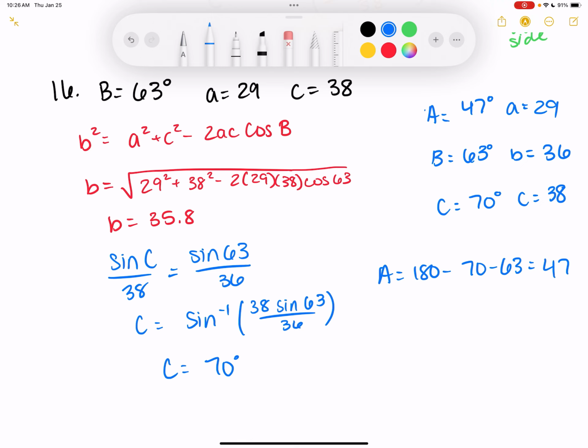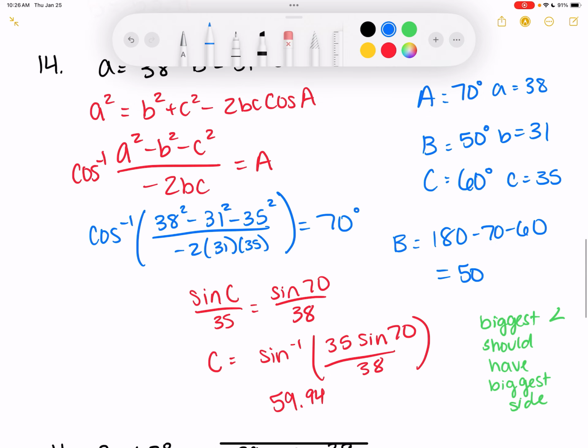So what do you have here? Oh, they just said, can you go on the iPad? Can you go up a little bit? Yeah. I want to see if I wrote this right.